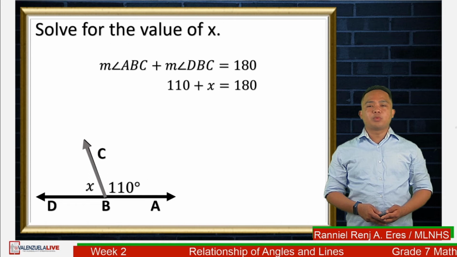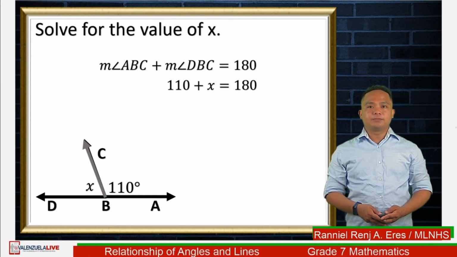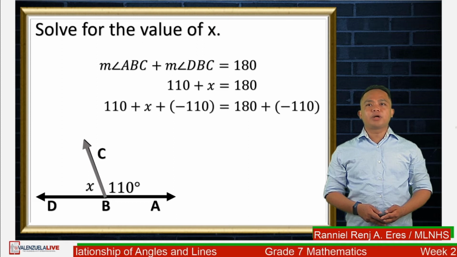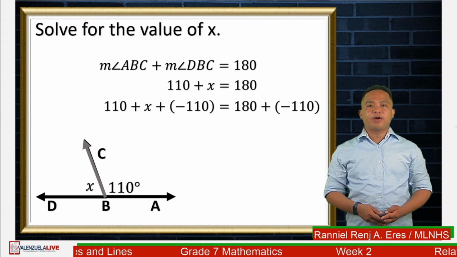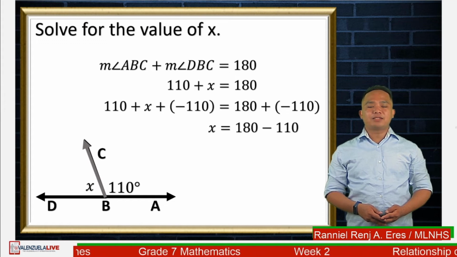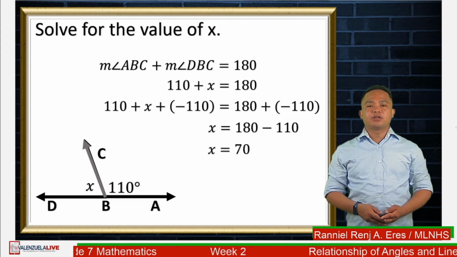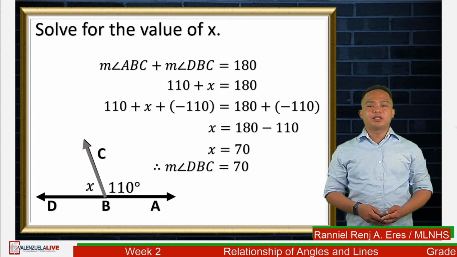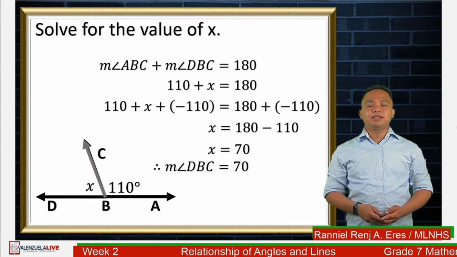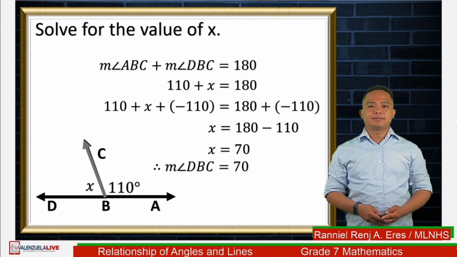With substitution, we have 110 plus x is equal to 180. Using the addition property of equality, we will add negative 110 on both sides of our equation. So we'll have x is equal to 180 minus 110. As a result, we have x is equal to 70. Therefore, we can say that the measurement of angle DBC is equal to 70 degrees.